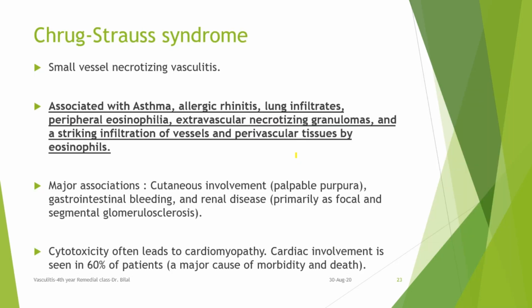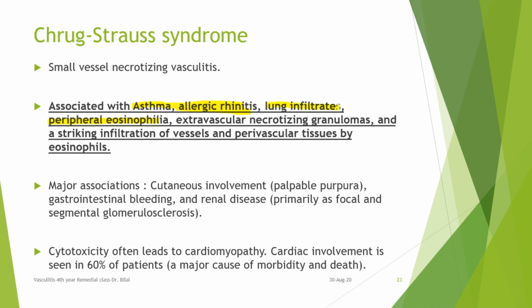Churg-Strauss syndrome is another type of vasculitis that affects the respiratory system and is associated with asthma and allergic rhinitis. But what differentiates it with respect to lab investigation from the disease we have previously discussed is peripheral eosinophilia. Clinically it presents with asthma and allergic features.